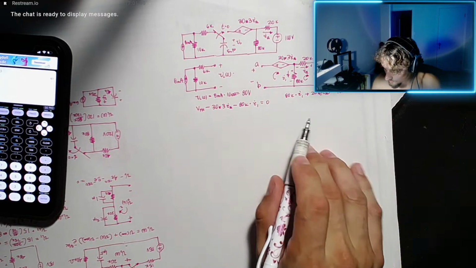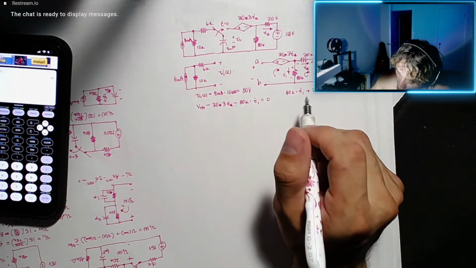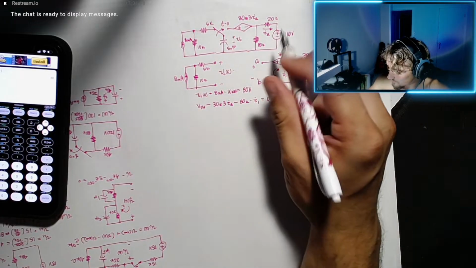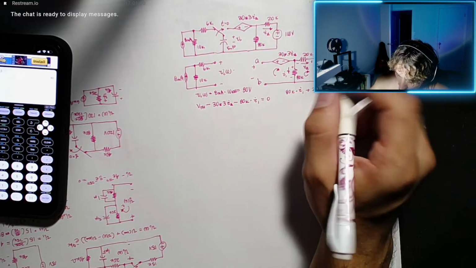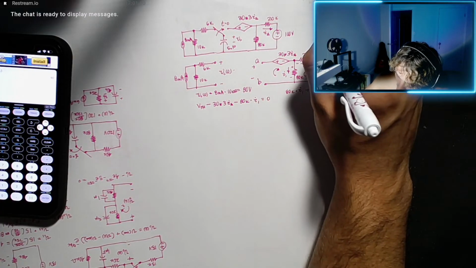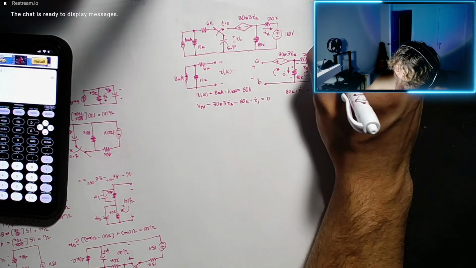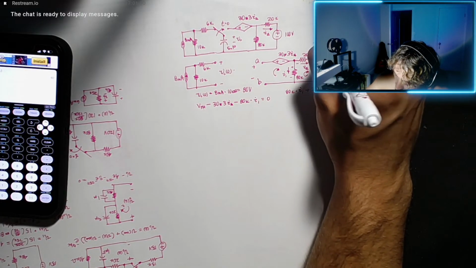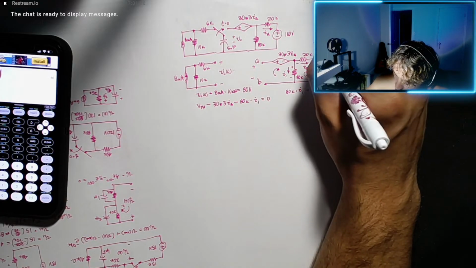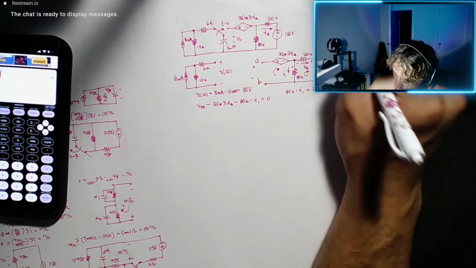We have 3 unknowns and 2 equations, so now we can say what? Since this is an open circuit here, we would also say that I1 plus I delta equals 0, so I1 equals negative I delta.